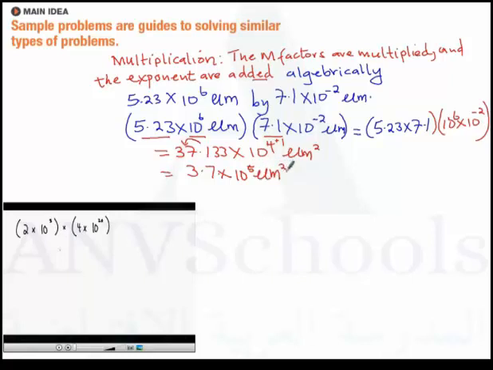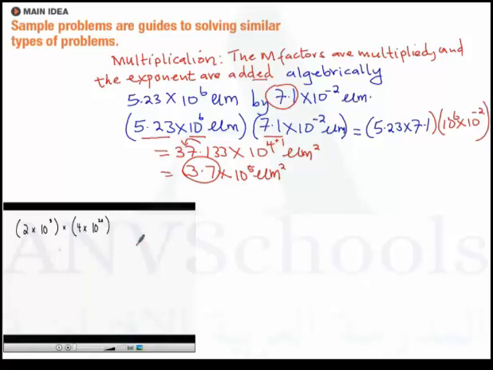So this will be our correct answer, because our answer should have the same power as the smaller number.